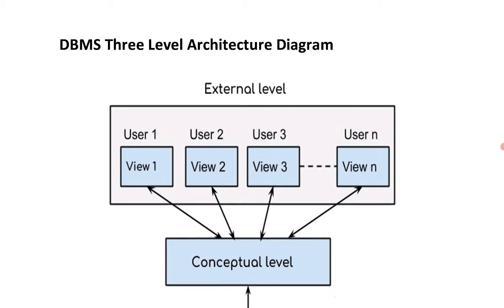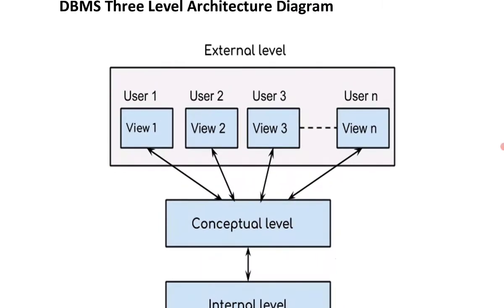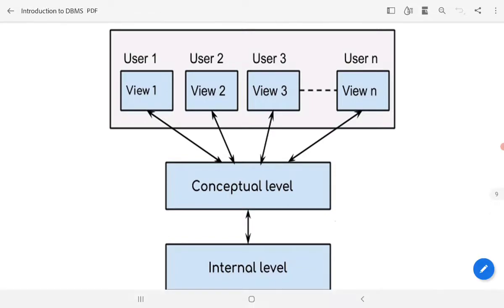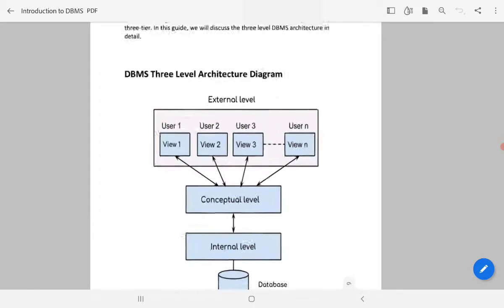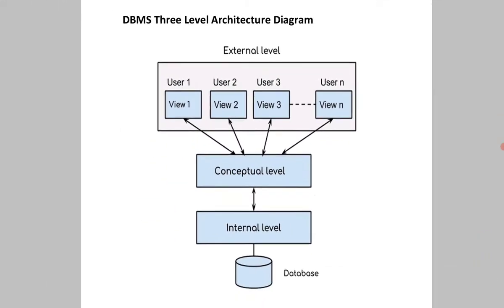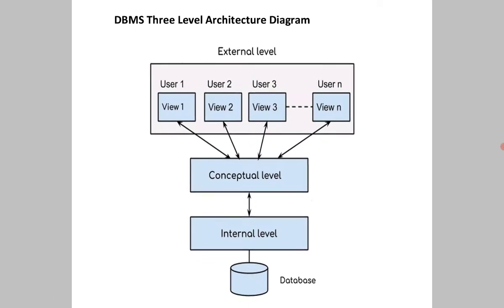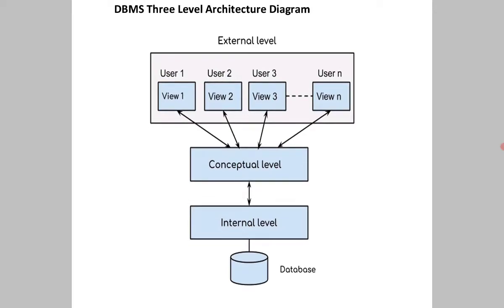So what is the DBMS 3-level architecture, and what is the diagram? This is the diagram used for 3-level architecture. These are called external levels or views. In the 3-level DBMS architecture, there are 3 levels: external view or external level, conceptual level or conceptual view, and the third one is internal level or internal view, and physical databases.